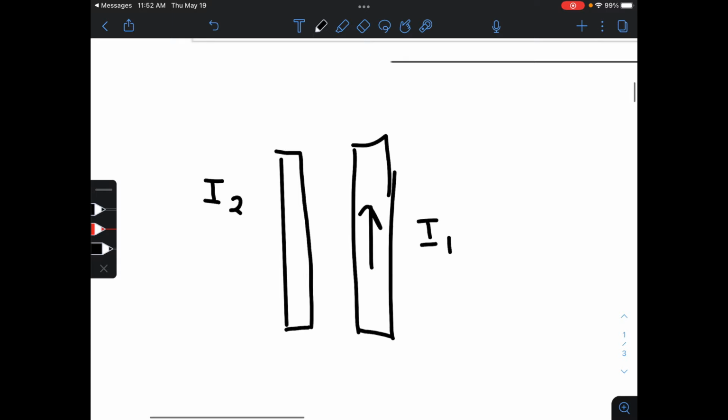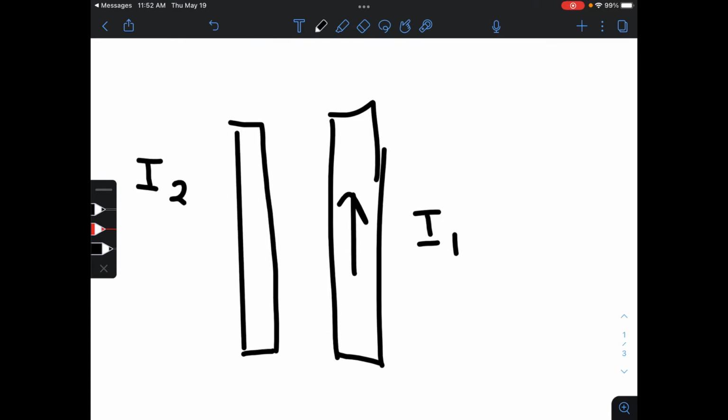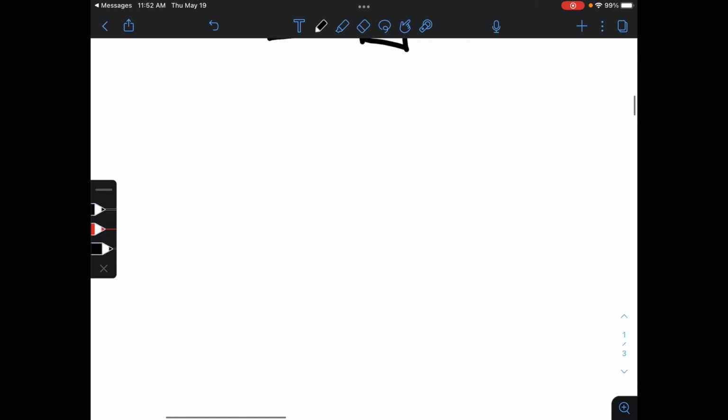Now, the first scenario is that they both go in this direction. And that would look like this. And then I drew B1 a little larger than I wanted to, but B2.